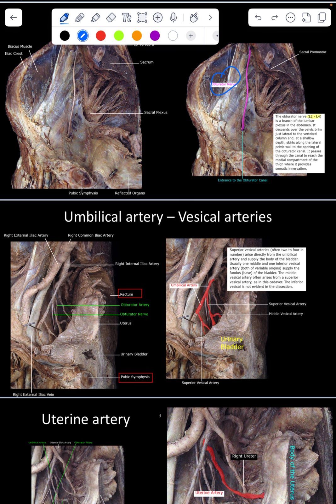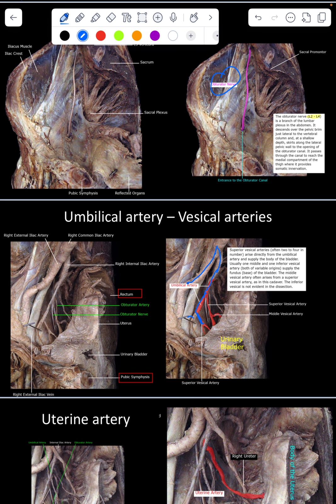Now, umbilical is technically the first thing that comes off of the anterior branch. So this is external iliac, internal iliac. It's umbilical, but this only really has a role when you're a fetus. Eventually, all it does, it just becomes the superior vesicle.